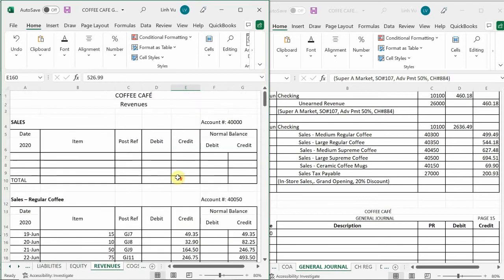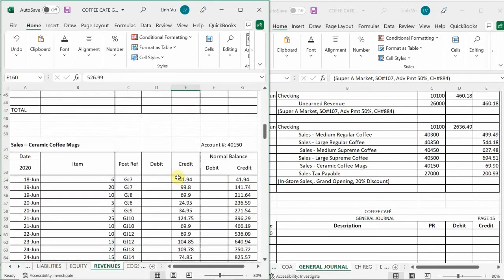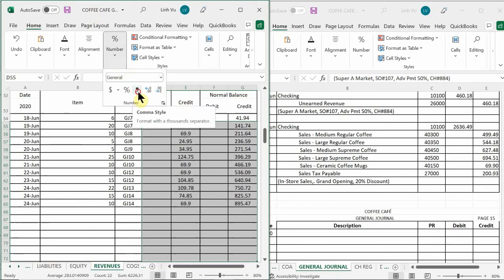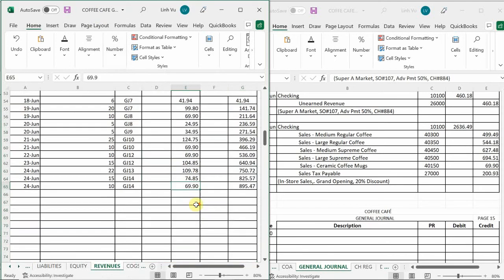Okay. Then let's see. I also have to update my ceramic coffee mugs because I sold 10 of them, which was a total of $69.90, which should give me a grand total of $895.47. Okay.